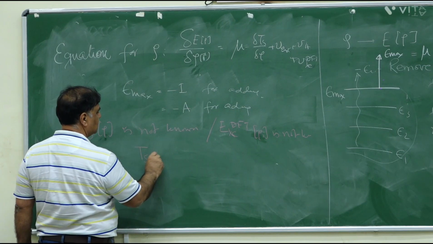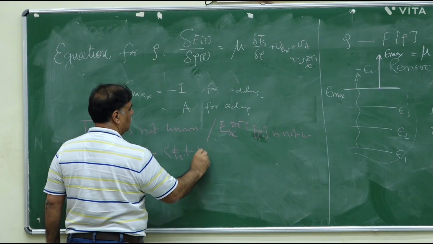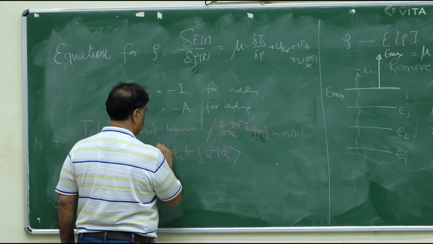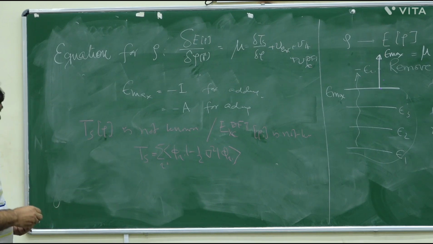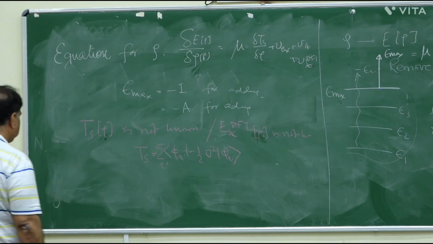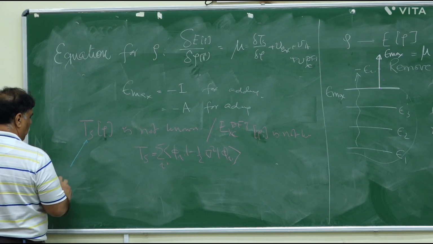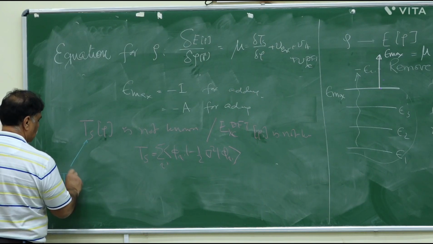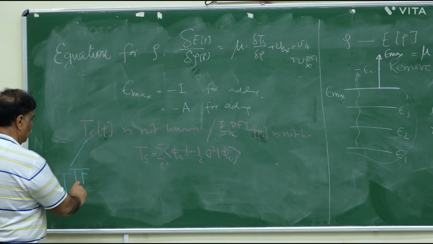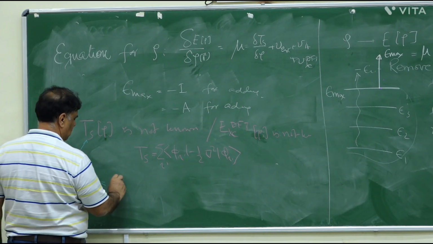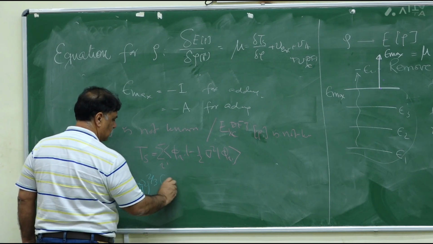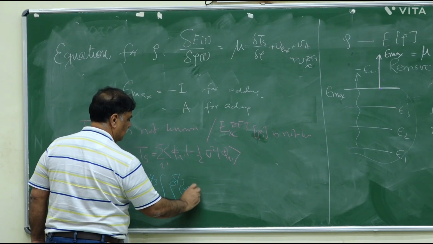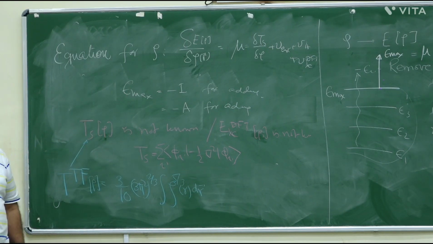However, in Kohn-Sham theory, T_s[rho] is the sum of the kinetic energies of the phi_i, that's how we constructed it. Why I'm saying this is, I've given you in assignment 2 problems, one related to this. The approximation one takes for this is Thomas-Fermi T[rho], which is 3/10 (3 pi squared) raised to 2/3 times the integral of rho(r) raised to 5/3 dr. So I've asked in the assignment to solve a problem using the Thomas-Fermi approach.